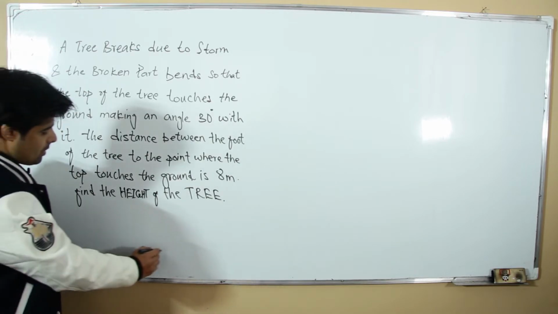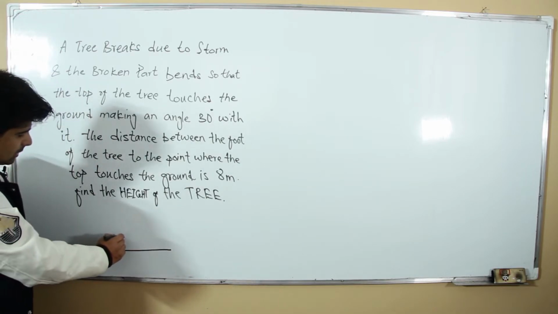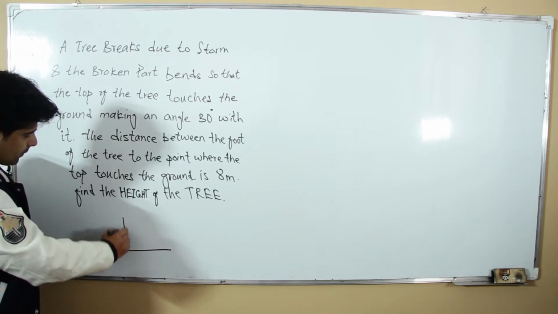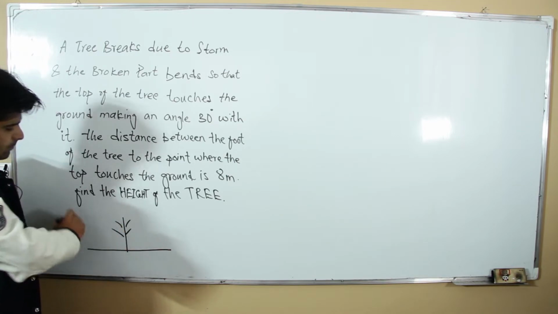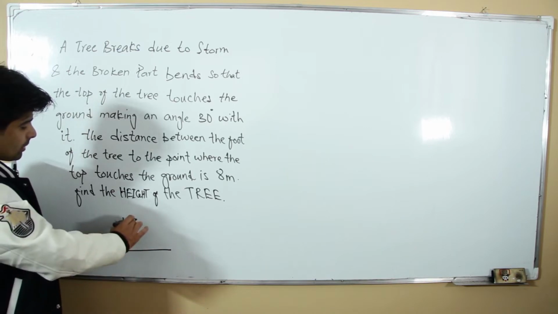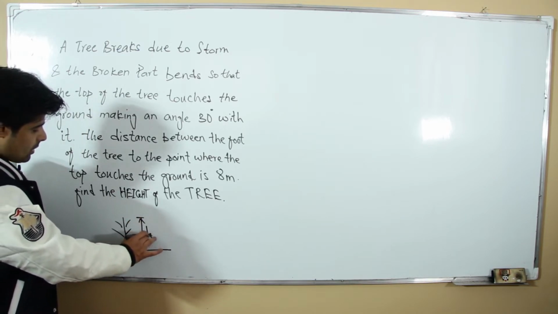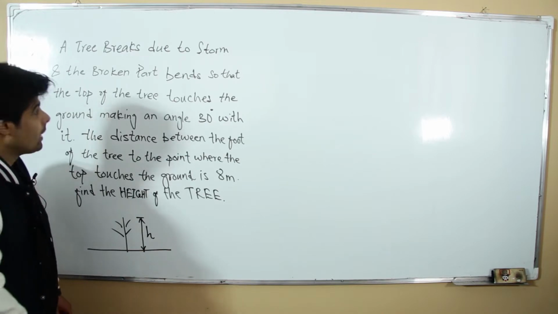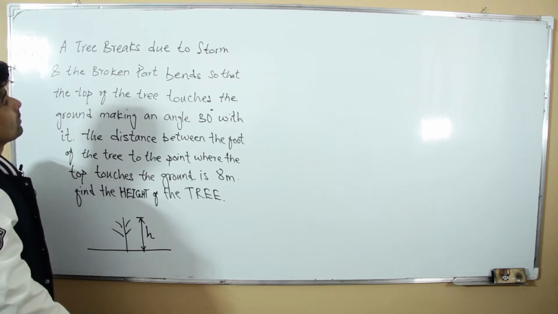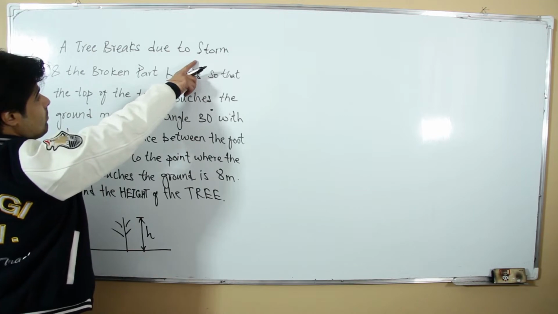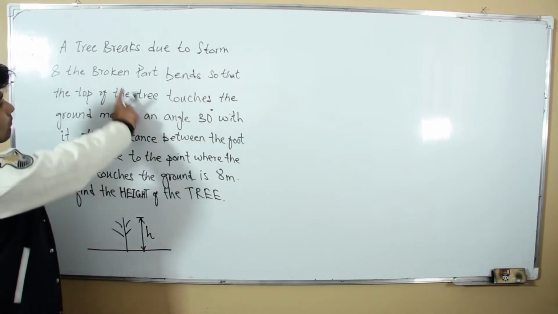What does it mean? It means, suppose this is a tree, for example. Now, this tree height we don't know. It is h. Due to a storm, the tree broke down.